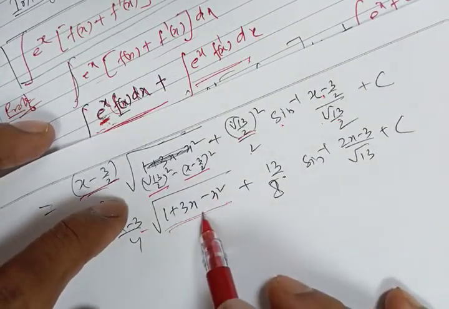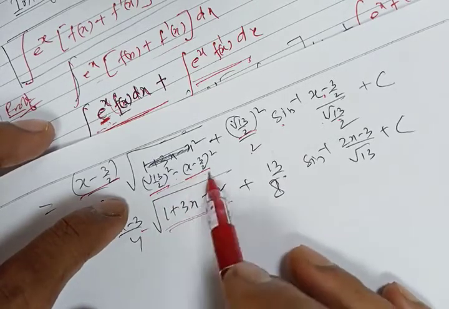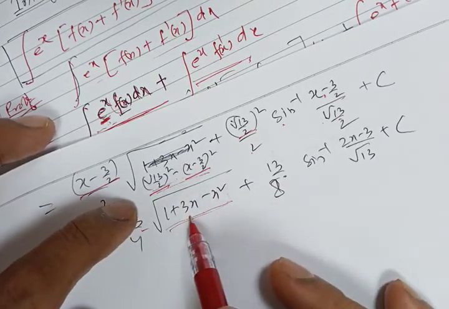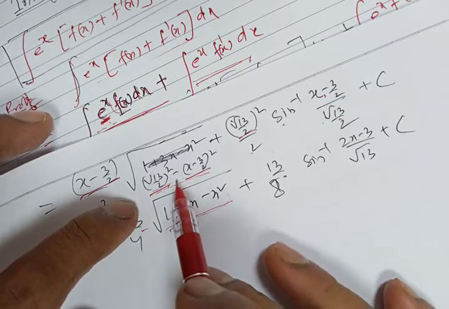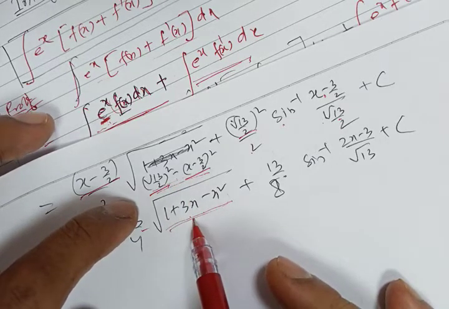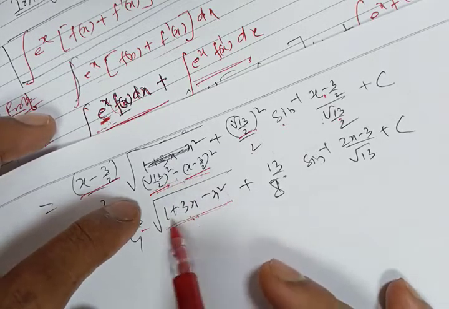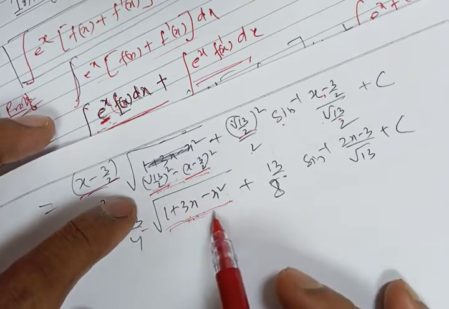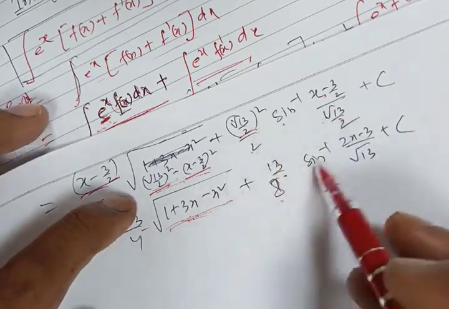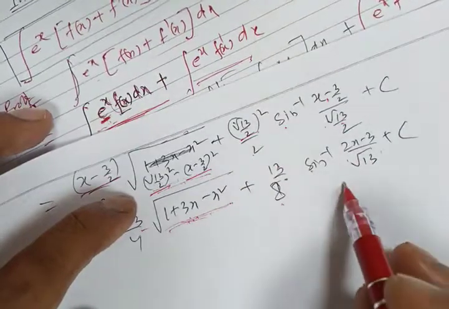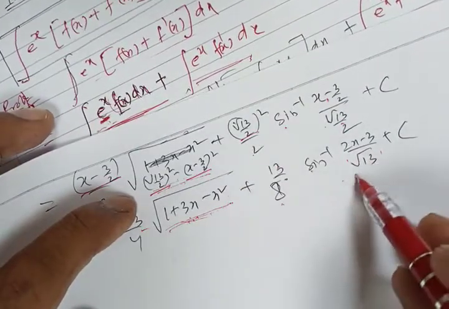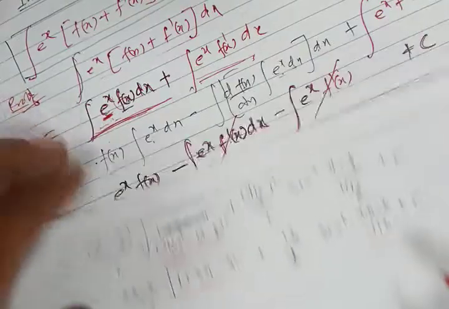By the adjustment we will do this, so no need to simplify this one. We can directly write this one, because we get this one from this. Don't waste time, directly write this, and you have to give the answer in this form only. Then 13 by 8 sin inverse of 2x plus 3 minus 3 by root 3. So you can do the other questions.